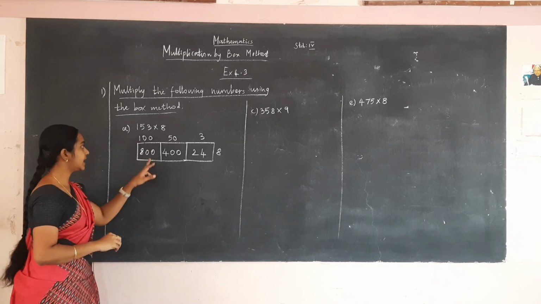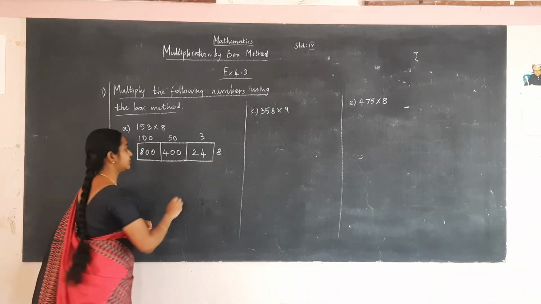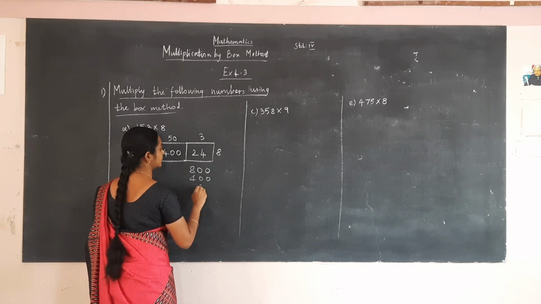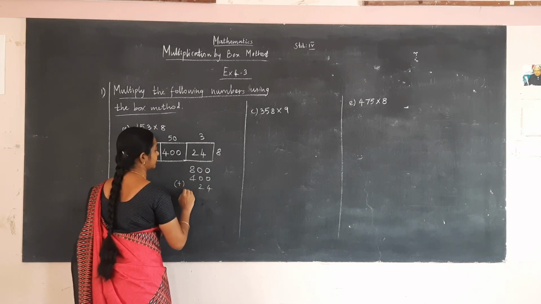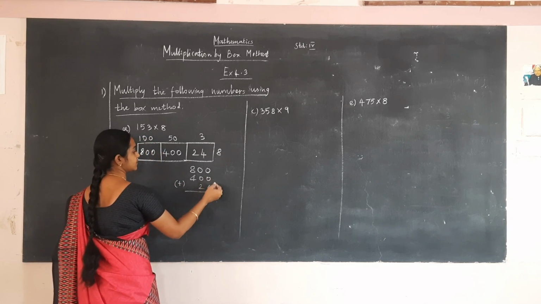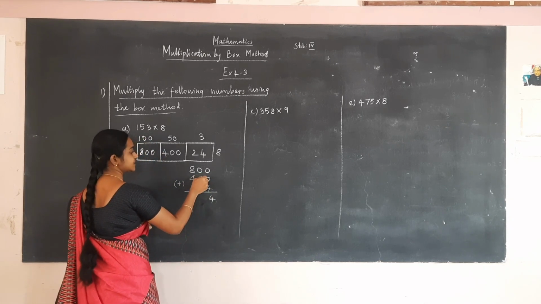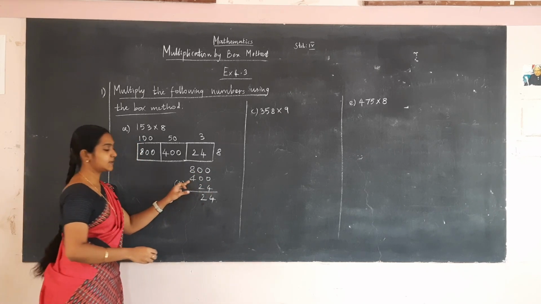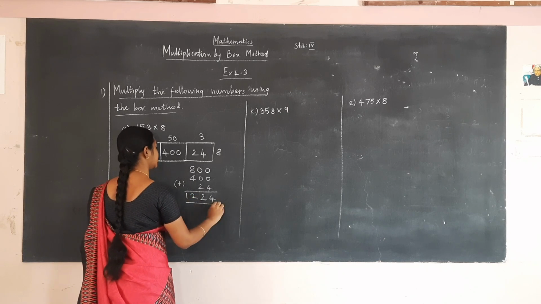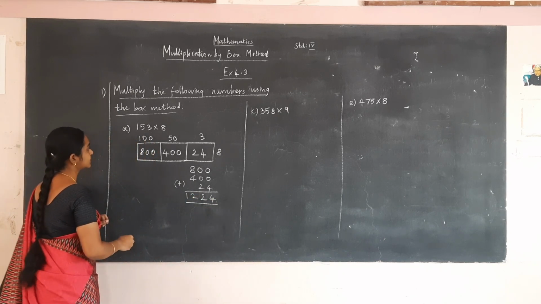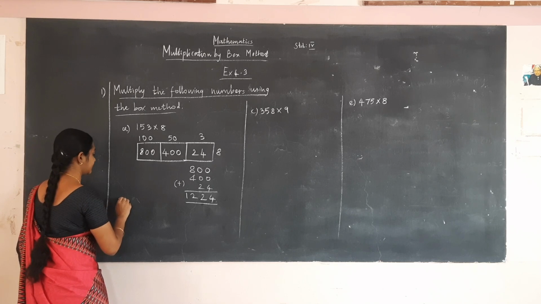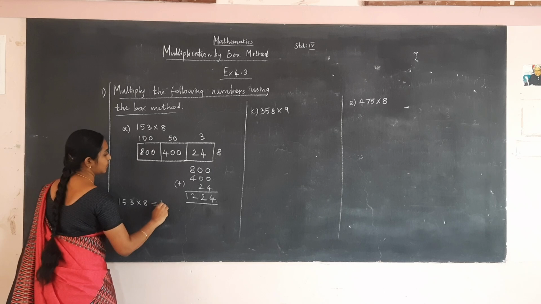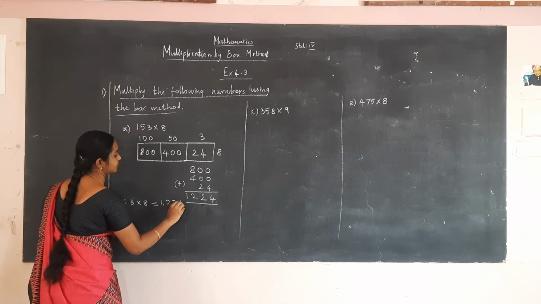Now we have to add 800, 400 and 24. 0 plus 0 plus 4 is 4. 0 plus 0 plus 2 is 2. 8 plus 4 is 12. So 153 into 8 is 1224.